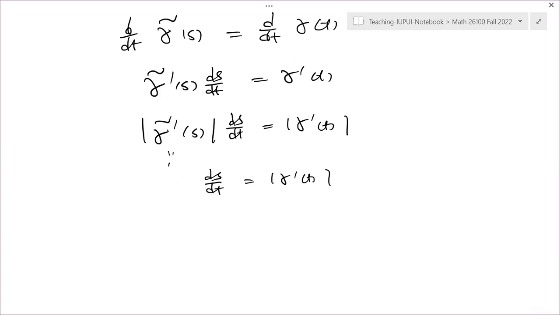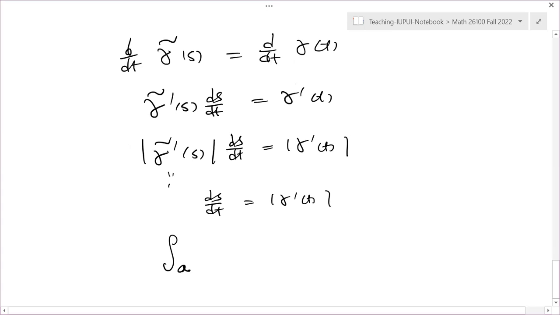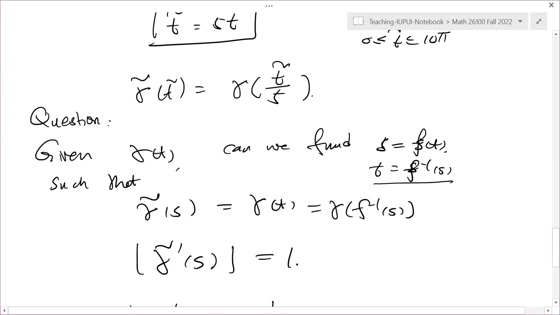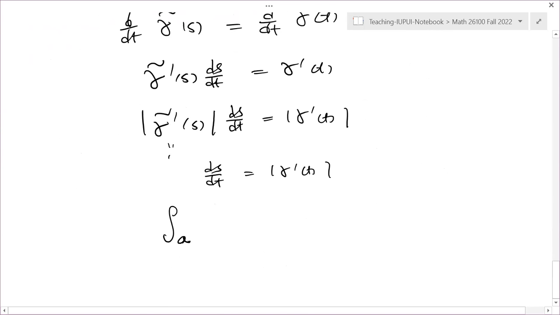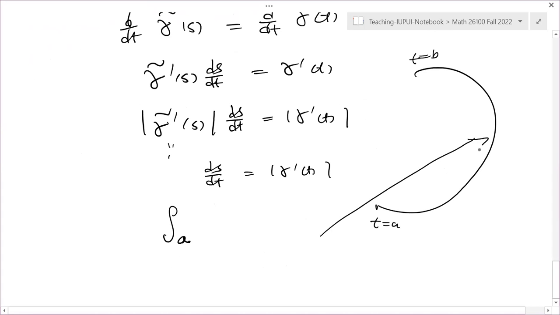You integrate on both sides. Suppose t is between a and b. So this is a curve, where t equals a at the starting point and t equals b at the end, and this is a parameterization gamma.